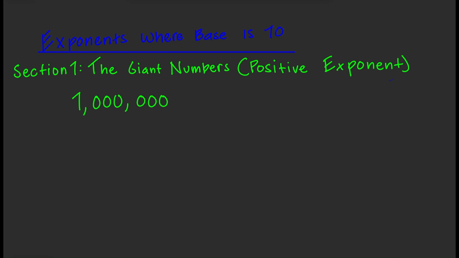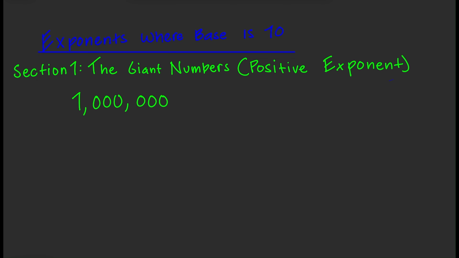Imagine you're counting a million cells in a culture, and writing those 6 zeros is a recipe for a typo. Instead, we look at the number of zeros and write 10 to the sixth. This little number at the top tells you how many times to multiply 10 by itself.